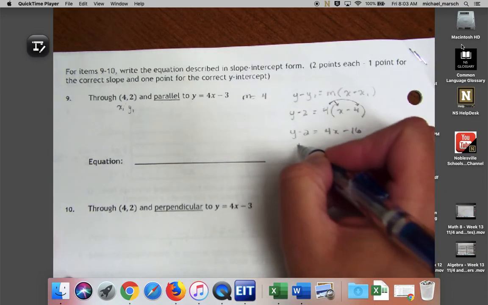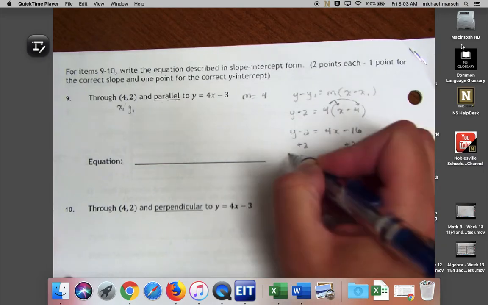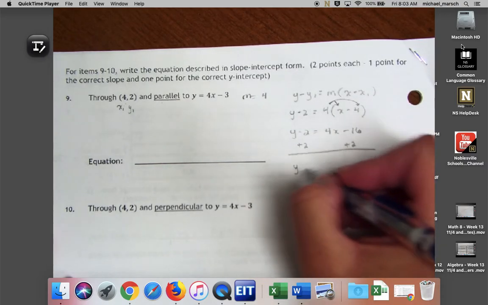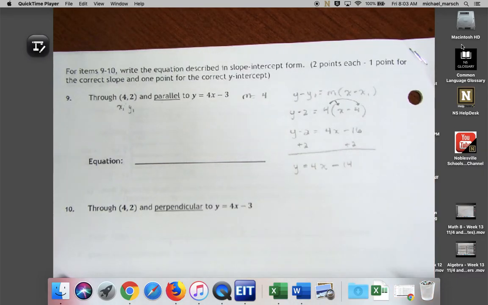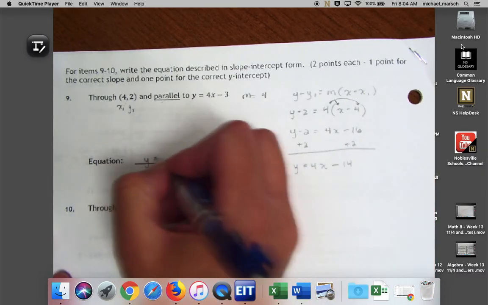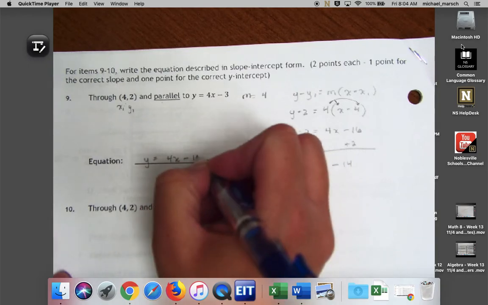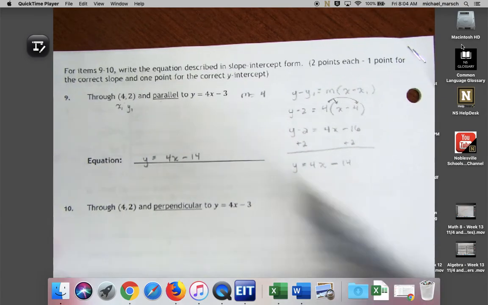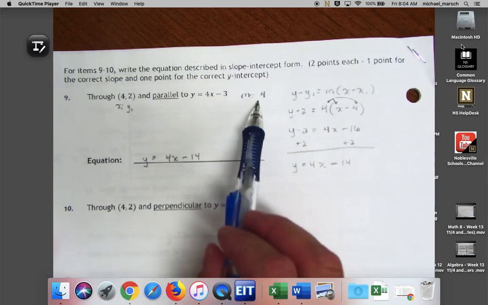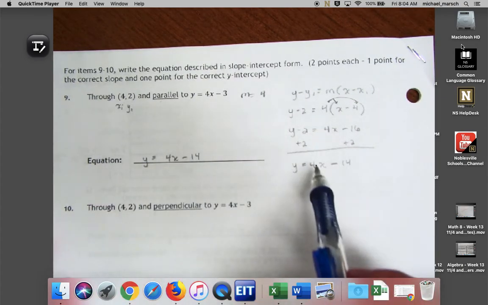And then I'm going to add 2 to both sides. So I'm going to get y equals 4x minus 14. Pretty easy, right? So I had a point, I had the slope, I used point-slope form, and got it into slope-intercept form.